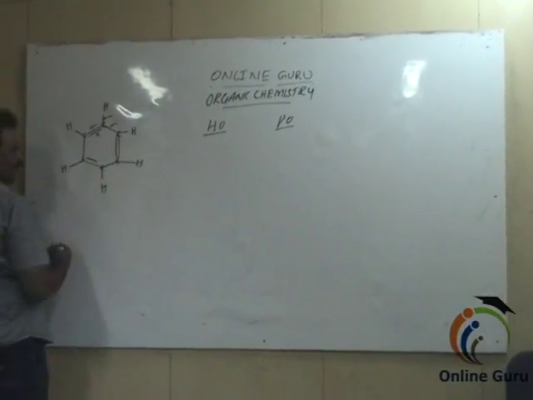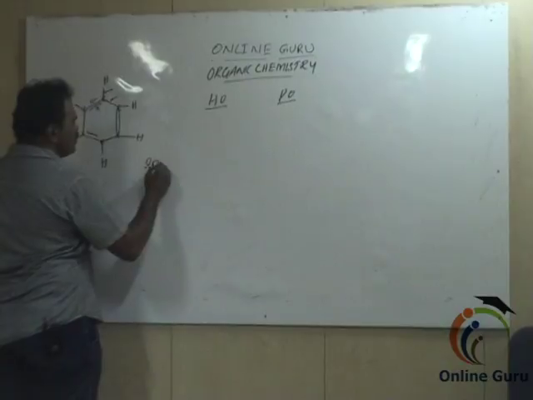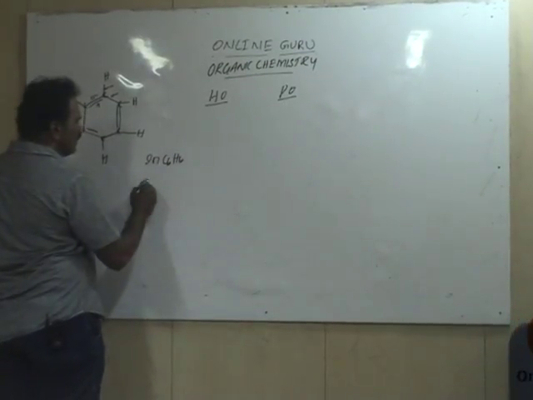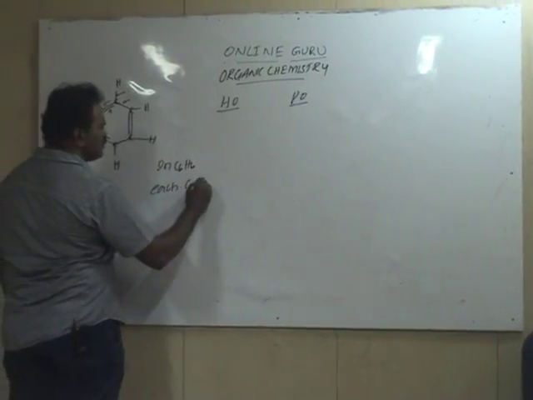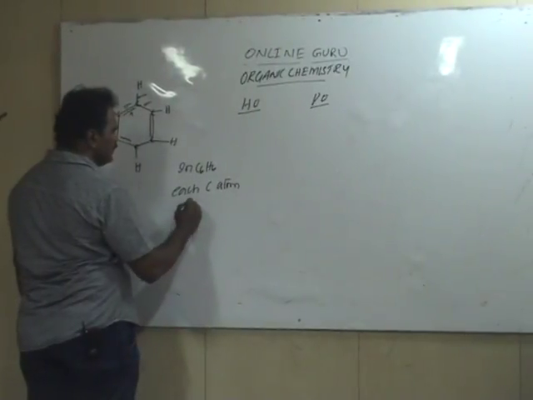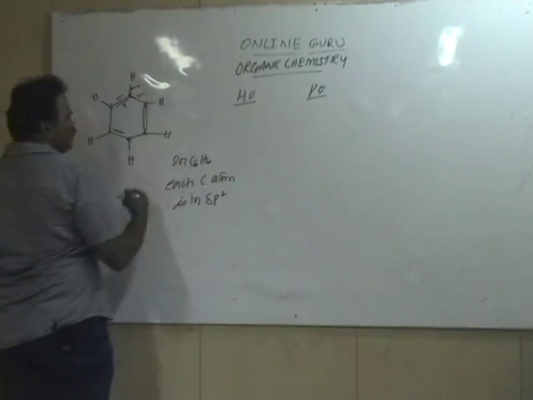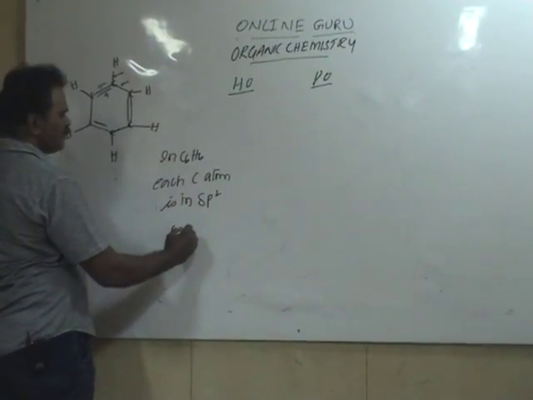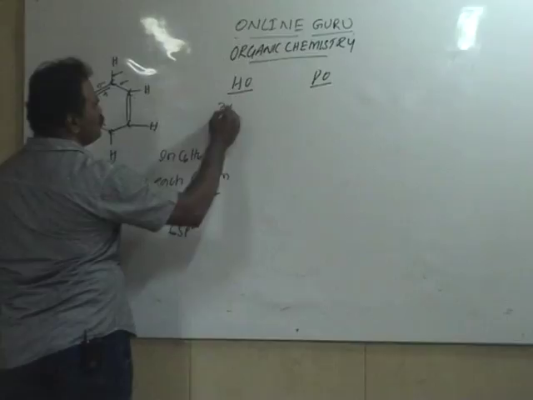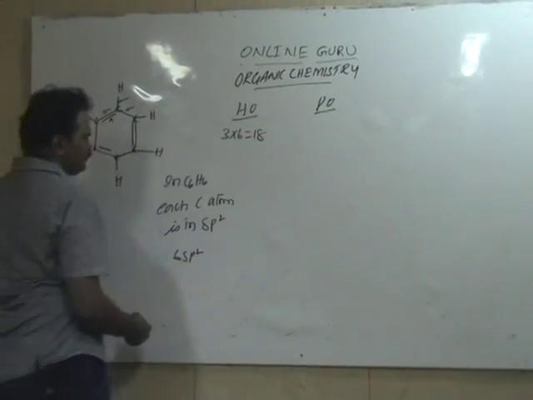That means in benzene each carbon atom is in sp2 hybridization. We have 6 sp2 carbon atoms. So 3 into 6 equals 18.